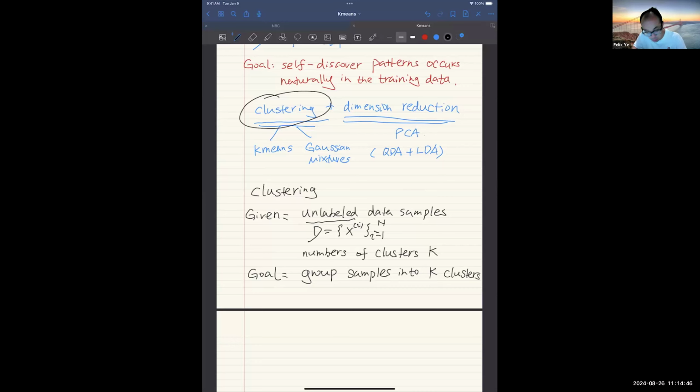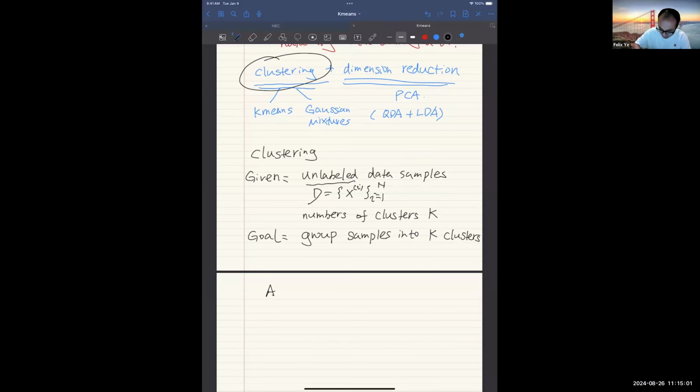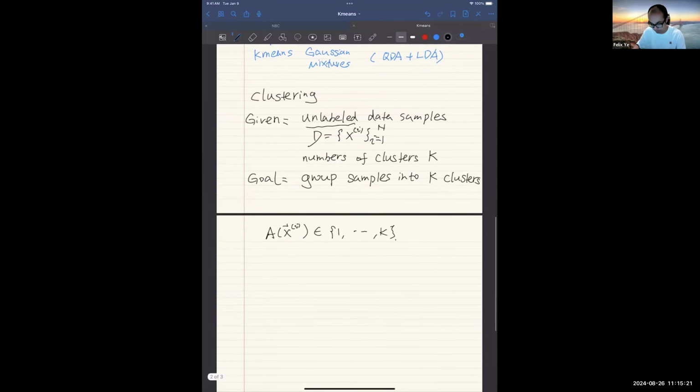That means I am going to assign a cluster membership to each data point, so that x_i belongs to one of the K clusters, from 1 to K. The only information that we actually use is the similarities between data examples.